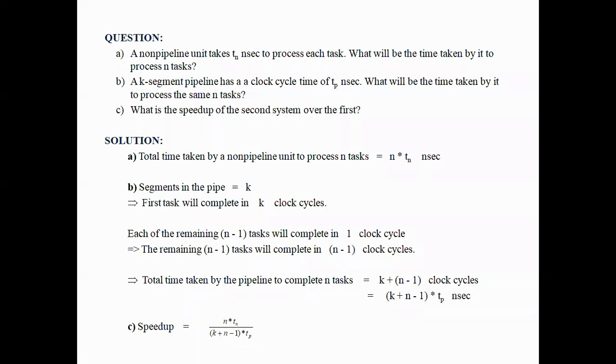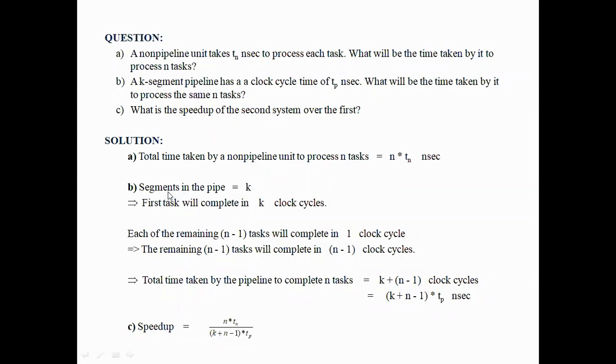What will be the time taken to process the same n tasks as in part A? This system is different because it is a pipelining system, while the earlier one was a non-pipeline unit. Let us see what the answer will be.